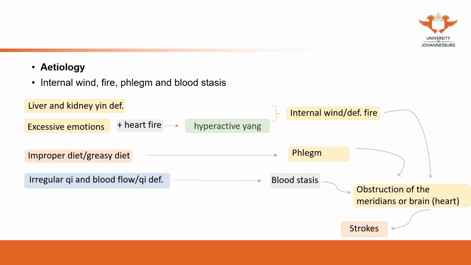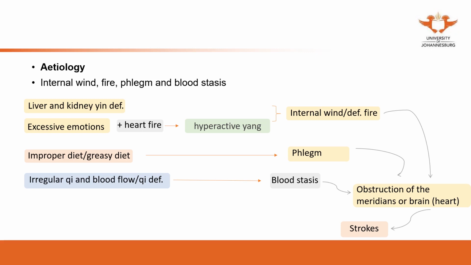All these symptoms present as something moving, something not in the correct position, so they move to other areas. This moving is the characteristic of wind. So in the Chinese medicine theory for stroke, we emphasize the wind, and the wind may be the cause. It also may be the result.